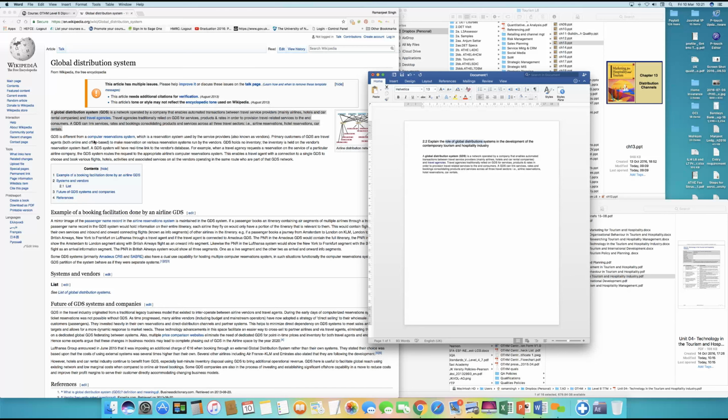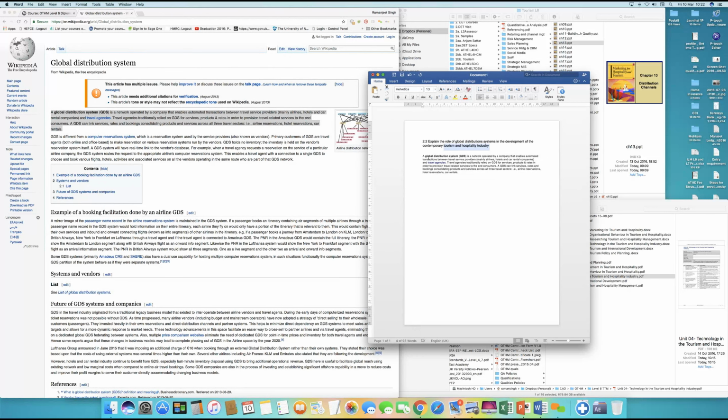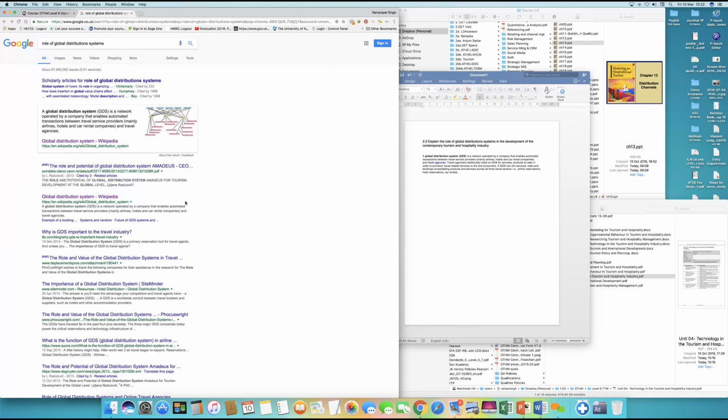Now computer reservation systems. When you look at booking for railway tickets, it is explaining the role, and talking about how it is helping to shape the travel and tourism industry. So what I need to do now is find an example of GDS within the travel and tourism industry. So again, go back to Google, or the book that I have on this particular thing.